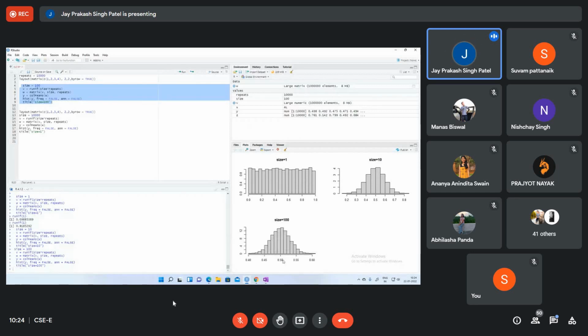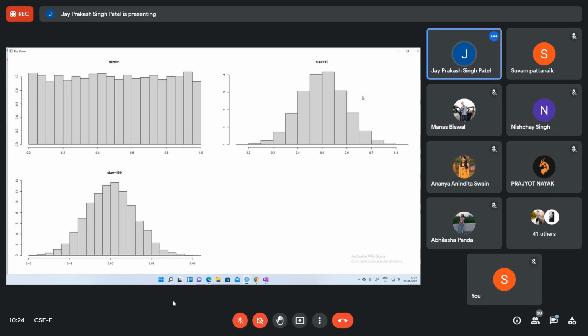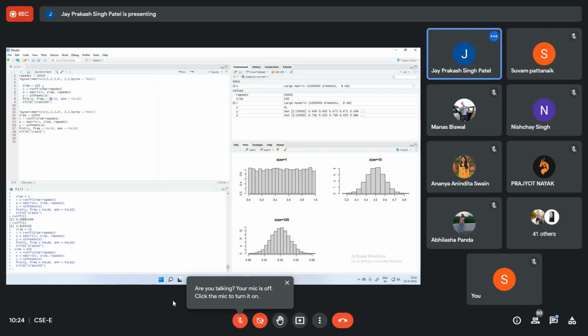This time you see, is there any difference between the previous probability histogram and this probability histogram? Means size 10 और size 100 वाले में कोई difference आप लोगों को नजर आ रहा है? Is there any difference? Let me do the same thing for size 10,000 also.